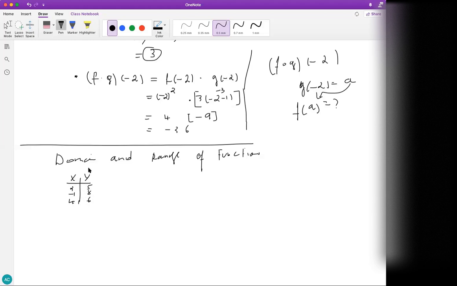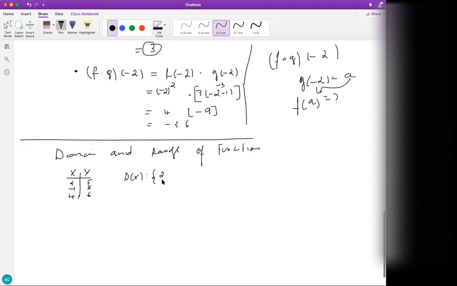So this is the domain, this is the range. We learned how to write this in set notation. The domain D is basically the values of x. You write a colon, open curly braces, and you write all the elements of the first value of each pair, usually in ascending order from the lowest to the highest.